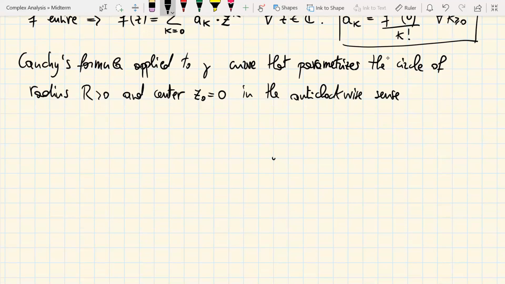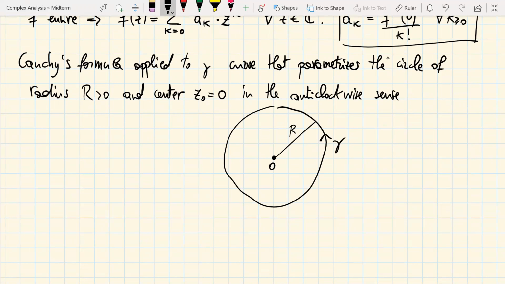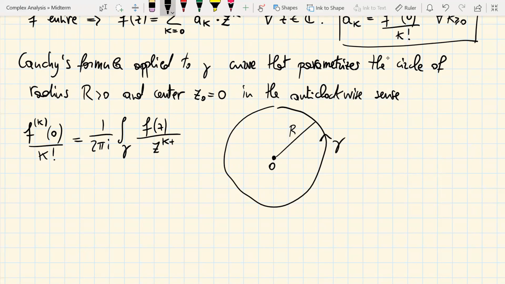And so we have here the origin, and then we take this big circle parameterized by gamma. So this is a circle of radius r. And then what the Cauchy formula says in this case is that f^(k) at the point 0, divided by k factorial, is equal to 1 over 2 pi i, the integral over gamma of f(z) over z to the k plus 1 dz.